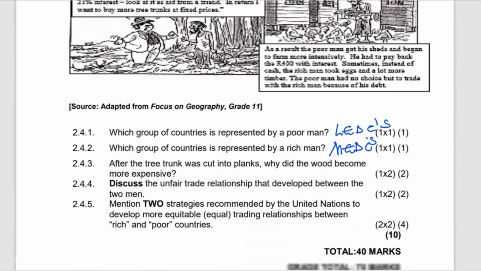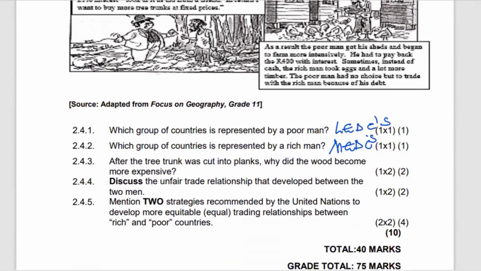Right, after the tree trunk was cut into planks, why did the wood become more expensive? It's because it has been processed into a finished product.